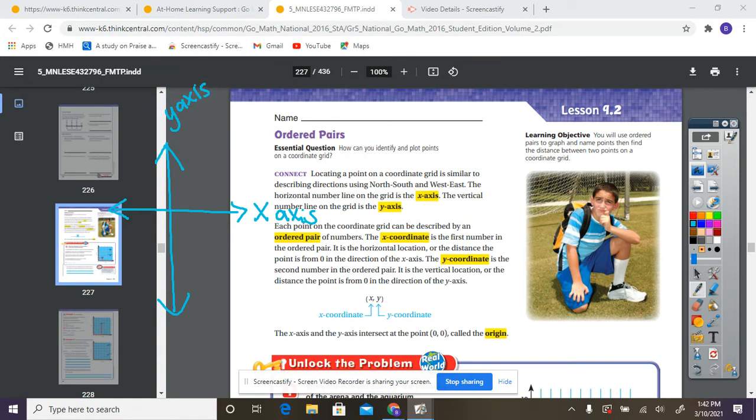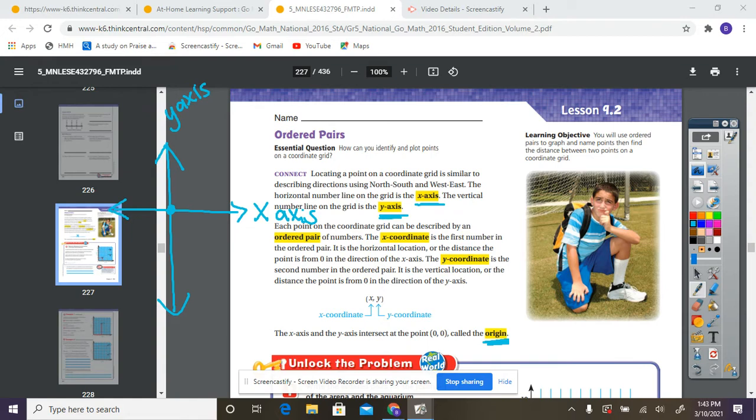X-axis, y-axis, okay? Where those two lines meet is the very middle. That is called the origin, not organ like I play at church, origin, okay?